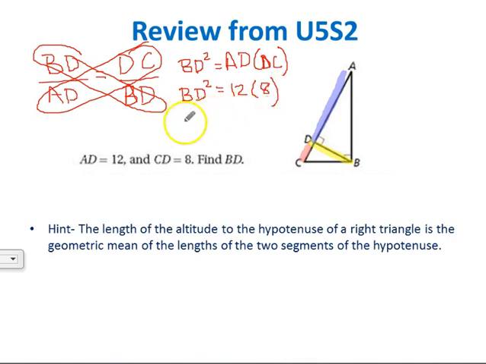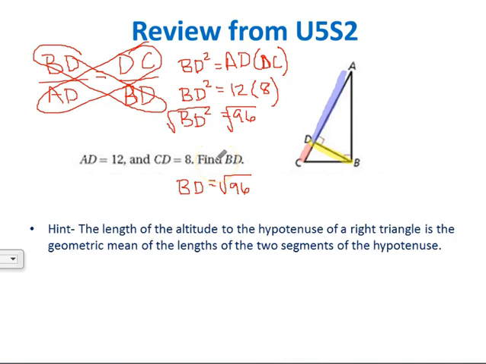So now we just do the math. 12 times 8 is 96. So BD squared equals 96. We need to take the square root, so BD equals the square root of 96. Can we simplify the square root of 96?